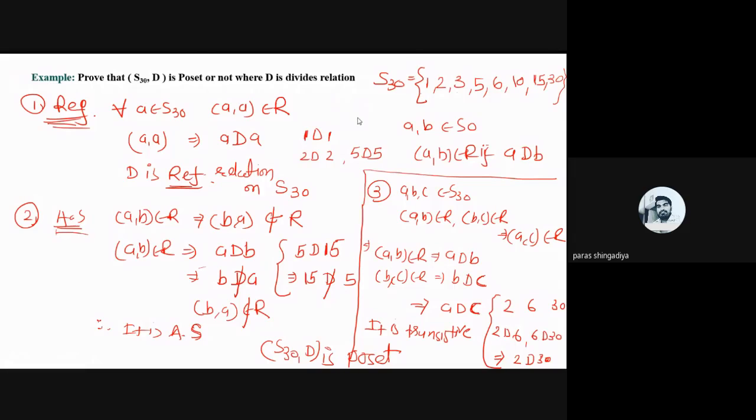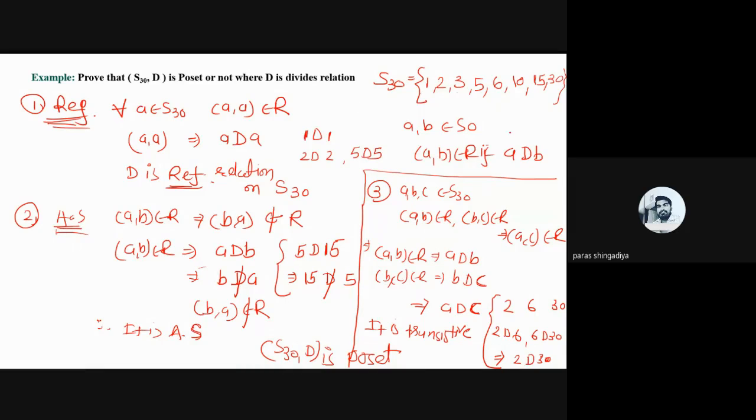So here Z is given. In the previous example, S30 is mentioned. Now if we consider S60, S90, S25, S70, any form given in place of S30, the argument will be the same. The proof will be as it is. You can just change the set. In place of S60, the set will be modified, but the conclusion will be the same, meaning it is also a partially ordered set. If I consider S50, the set will be changed, the values will be changed, but the argument will be the same.